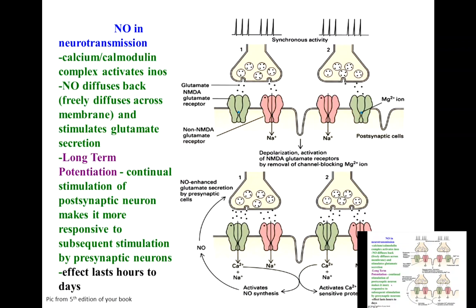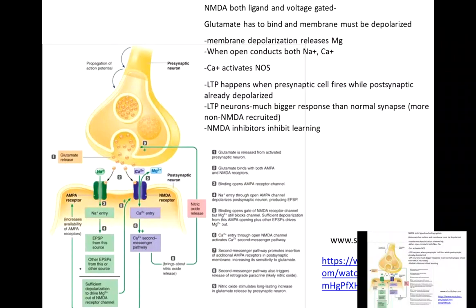So this effect can last hours to days, in that once nitric oxide is released and you want to activate that pathway again, it's easier than when it was a novel, brand new pathway, and that easier effect can last hours to days. Here's another diagram from a different source called Study Blue.